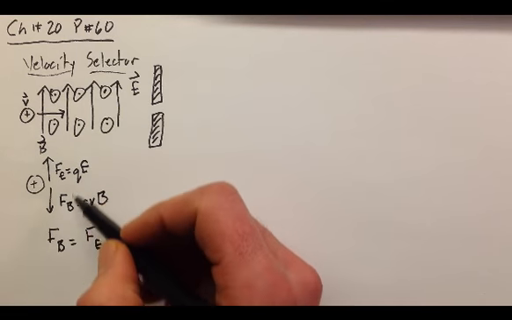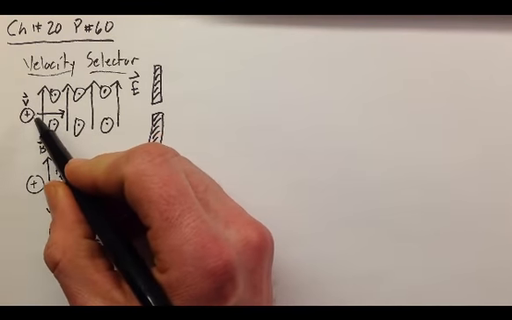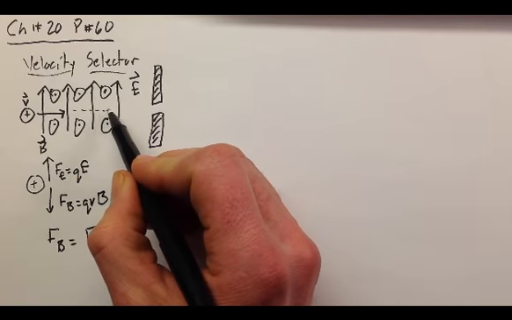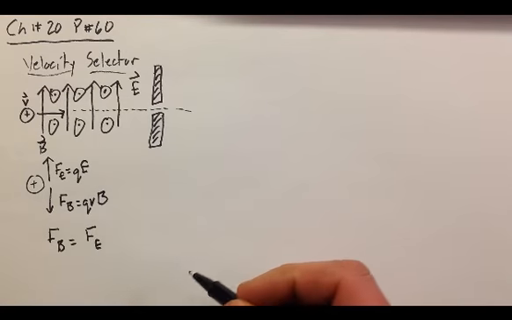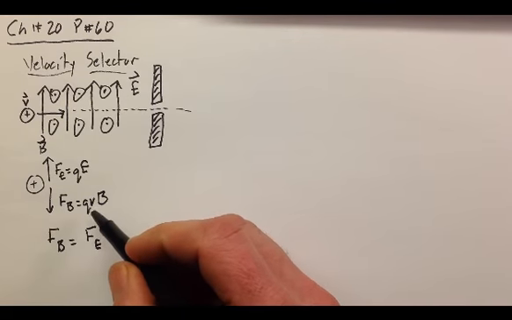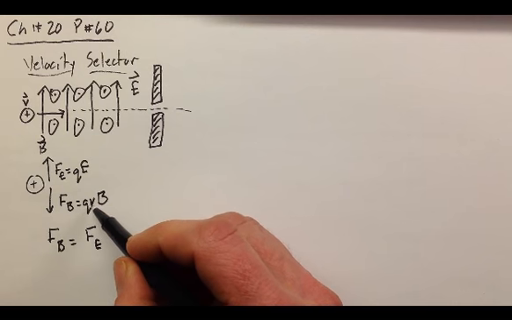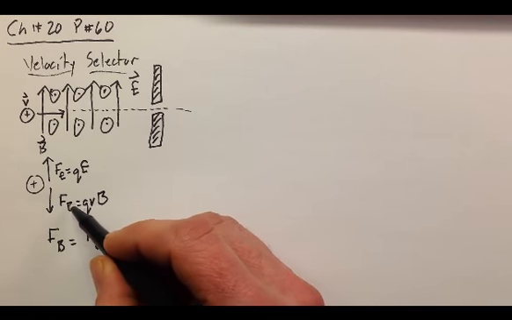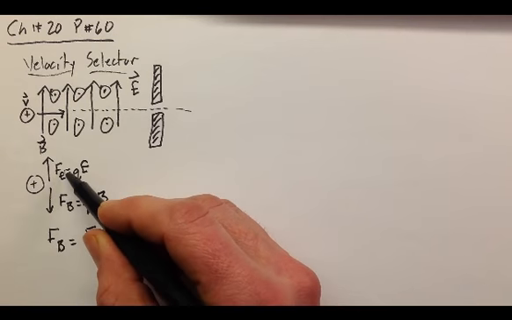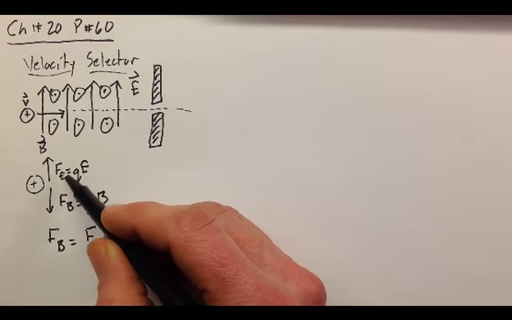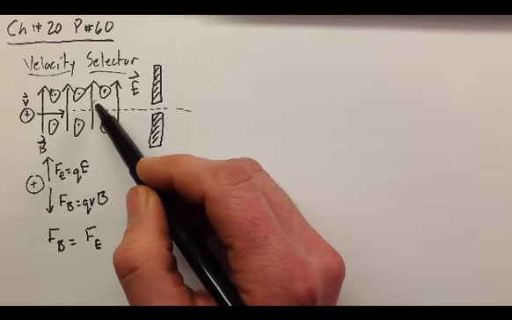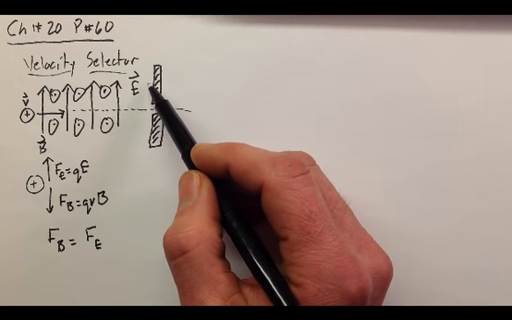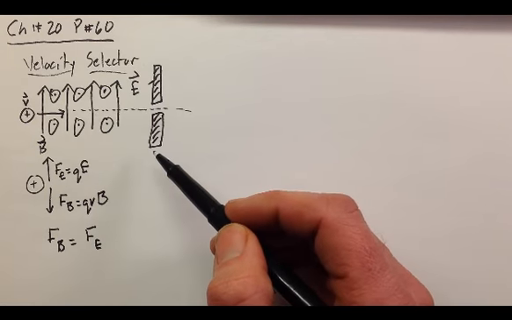Now, if these forces are equal, what would happen is this charged particle would pass straight through this area of space and go out the other side. Now, what if the particle instead was moving slow, so V was kind of small? That means the force due to the magnetic field would be smaller than the force due to the electric field, and the particle would go up this way and crash into that wall.